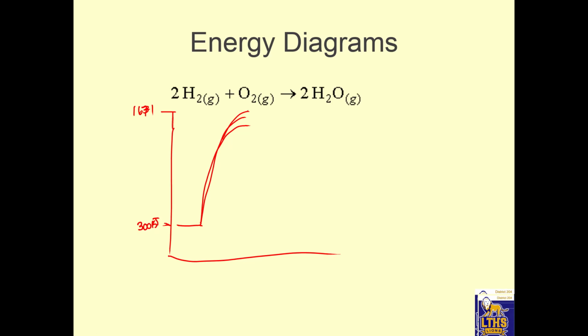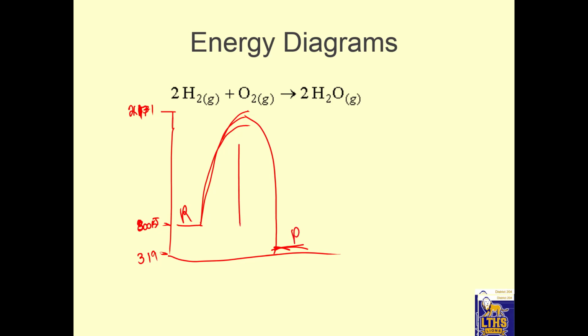Oh man, I forgot 400. Let's make this 800. And then 8 and 13 is 21. 2171. Okay. So then we got to come down to 481 below here. So that would be like 319. All right. I know it's a rough sketch, right? Here's the reactants. Here's the products.